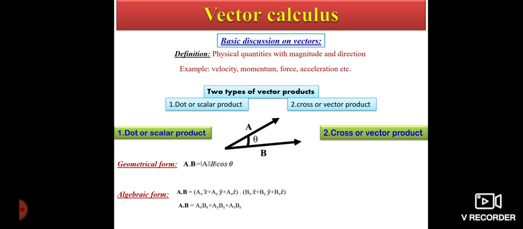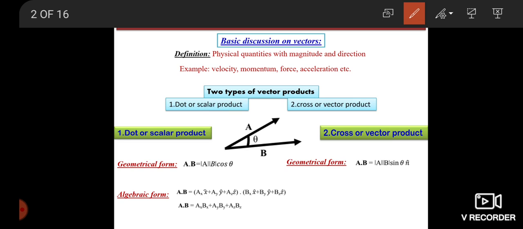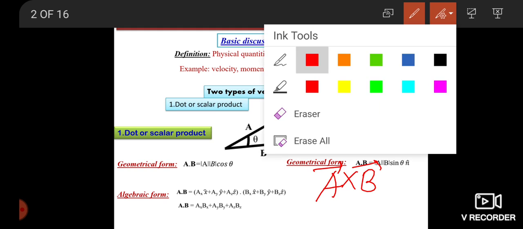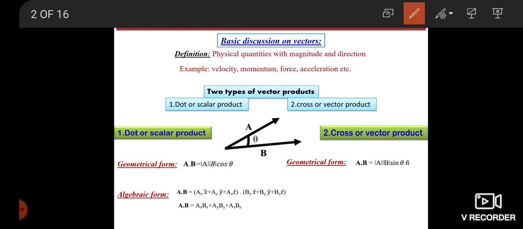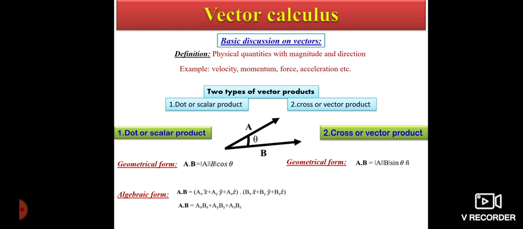Similarly, the vector or cross product also has two forms, the geometrical form first. Here by mistake I have written A vector dot B vector, but it should be A vector cross B vector. So A vector cross B vector is expressed as the magnitude of A vector times the magnitude of B vector times sin theta n cap.